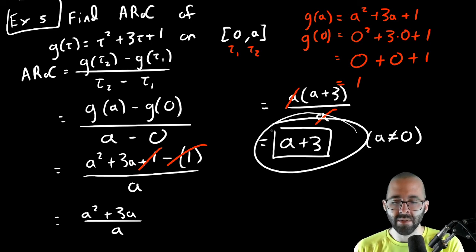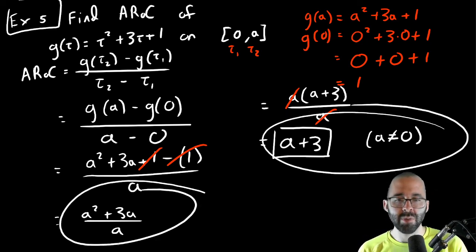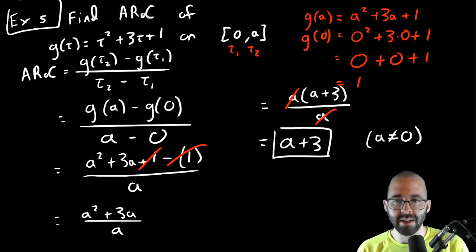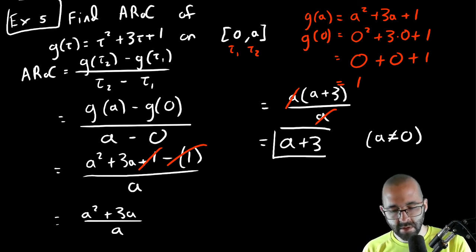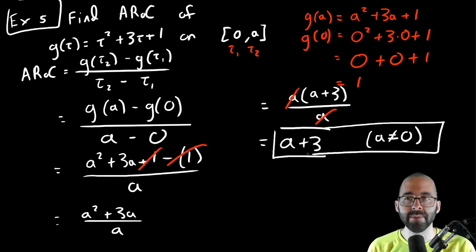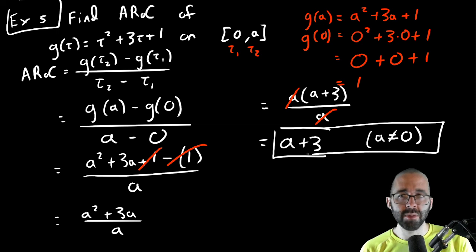It could be anything. So we want these things to be the same thing, and that's why we have to specify this is only true when a is not 0. Okay? So we should probably include that whole thing in our answer right here. Like so. That's the average rate of change here. And I do another problem, more complicated version of example 5 in the next video.